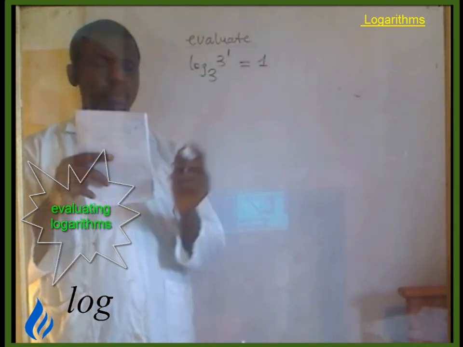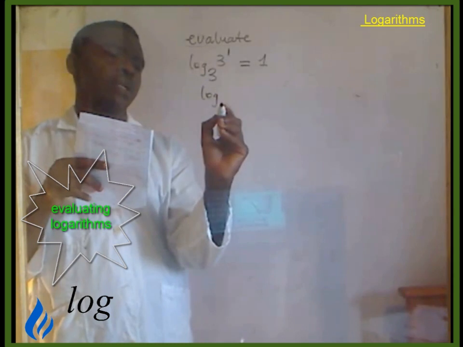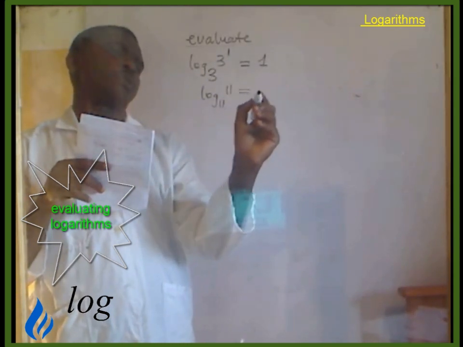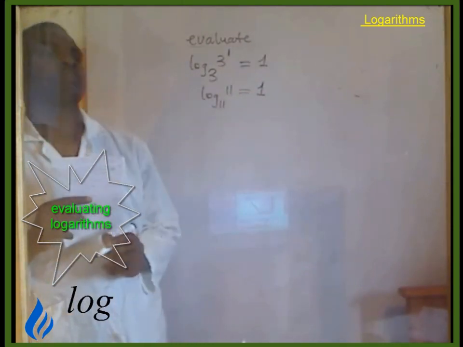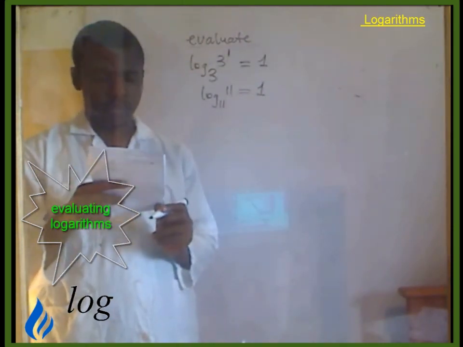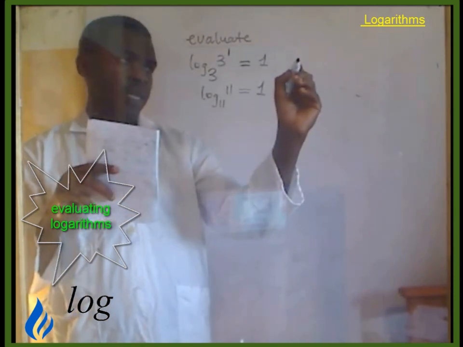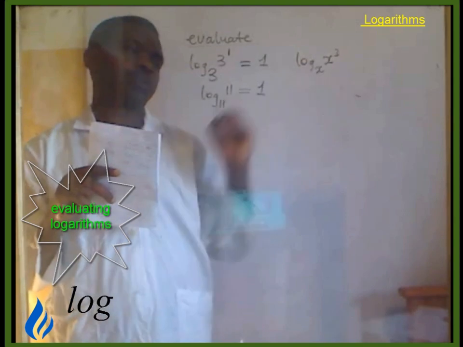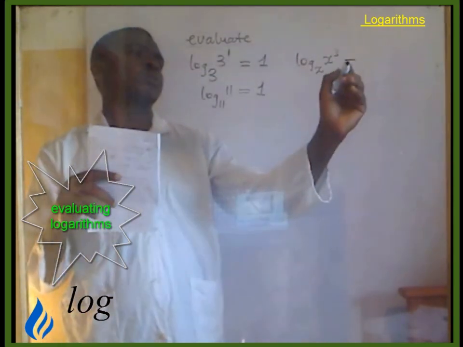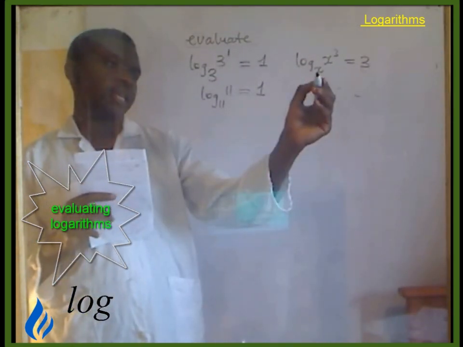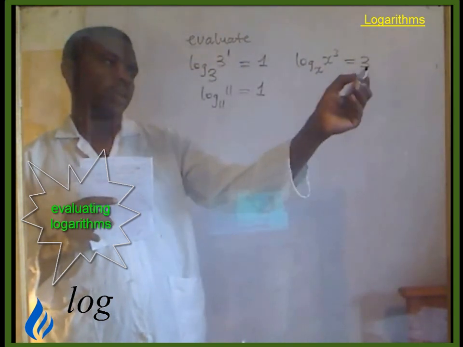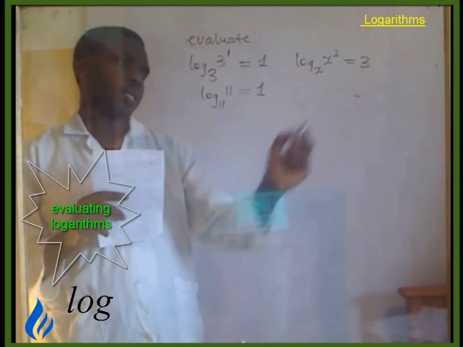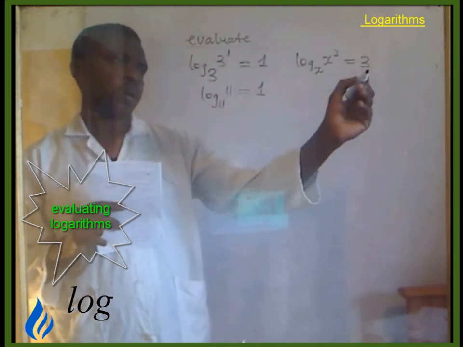Another example, log to the base 11 of 11 will be equal to 1. Log to the base x of x cubed. My answer here will be equal to 3, because x is raised to the power 3 for us to get x cubed. That is why our answer is 3.